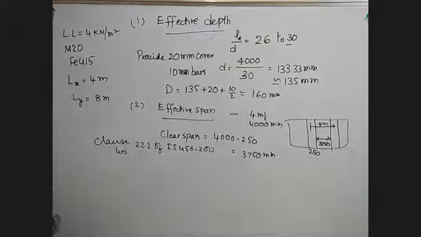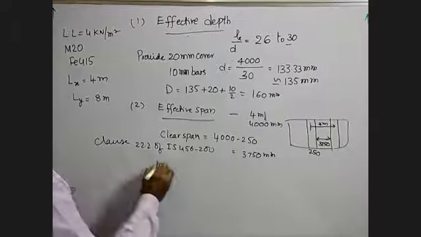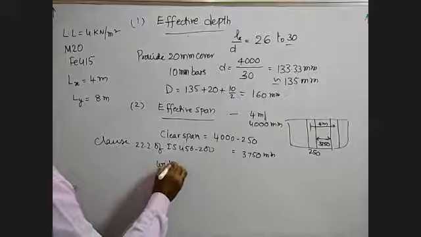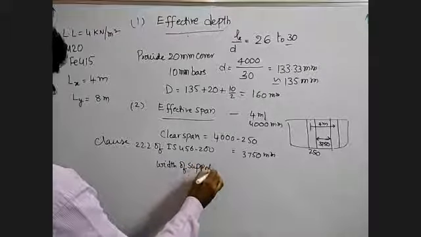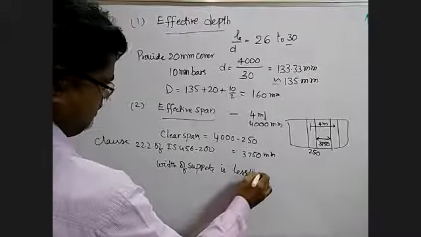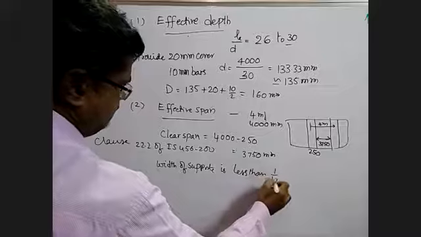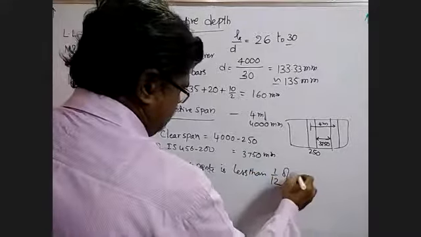For continuous slabs, you have to check this clause. Here, the width of the support is less than 1/12 of clear span.